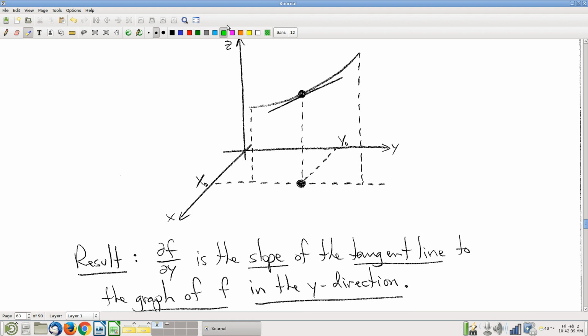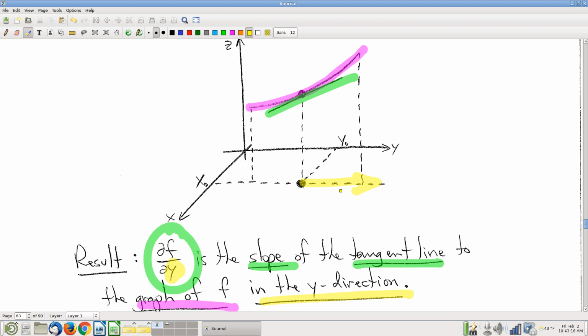It says, I'm going to look at this curve that is the cross section of the graph of f in the y direction, and the partial derivative is the slope of that tangent line, like that. As you go in the y direction.